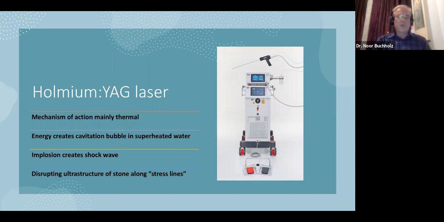This bubble then implodes. It doesn't explode, it implodes and creates a shockwave. And this shockwave then disrupts the stone on its stress lines. So in a funny way, shockwave lithotripsy and laser are both working with shockwaves, but through different mechanisms.